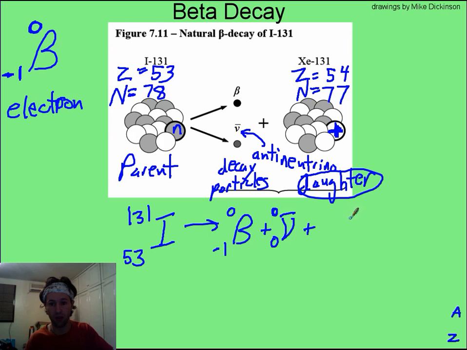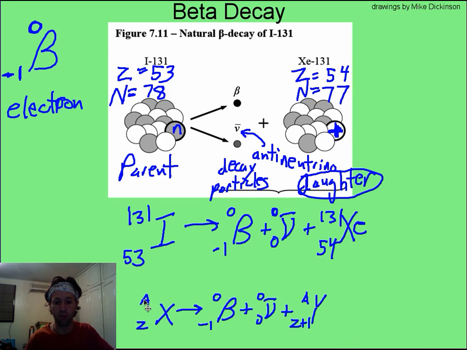And then you've got your leftover daughter, which is xenon, which is 131. This is 54. So that's a crazy thing. Proton number goes up. The other crazy thing is the mass number doesn't change at all. The general or generic formula for this is just this here.